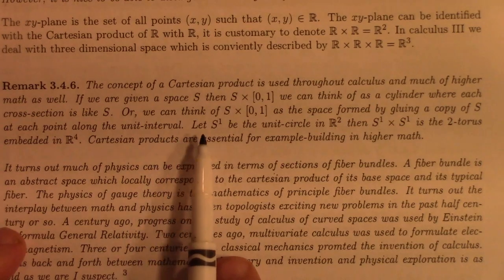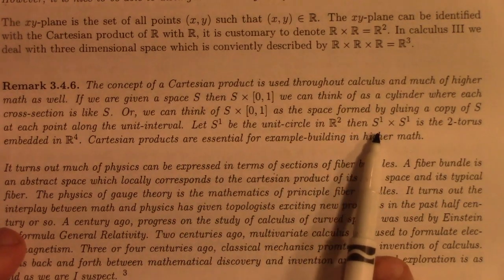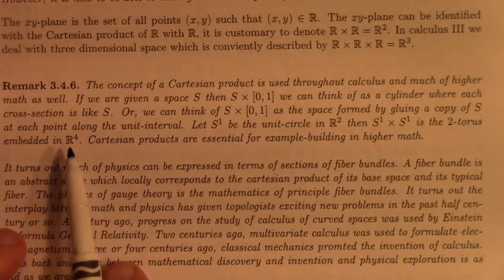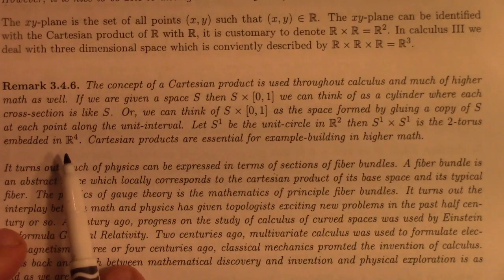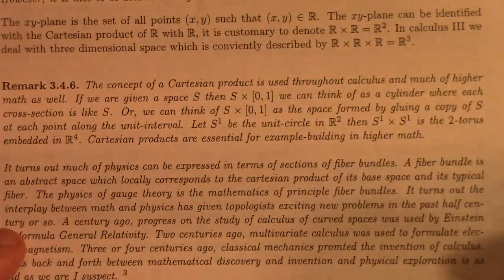If we let S1 be the unit circle in R2, then S1 cross S1 is called a 2-torus, which is technically speaking a subset of R4 in the current formulation. Anyway, more to the point, you'll see Cartesian products used to build examples and further sets.